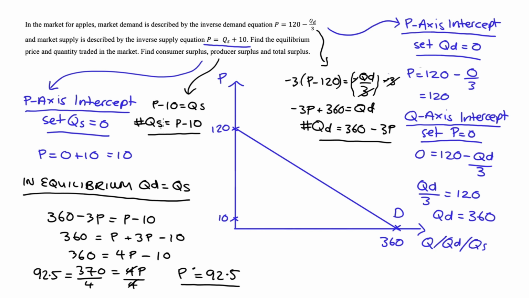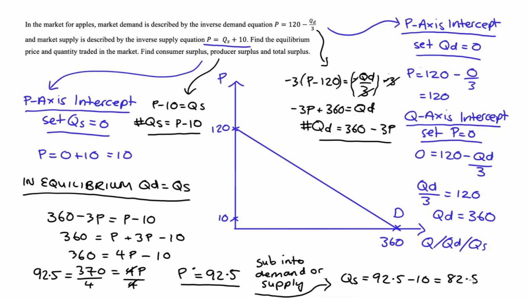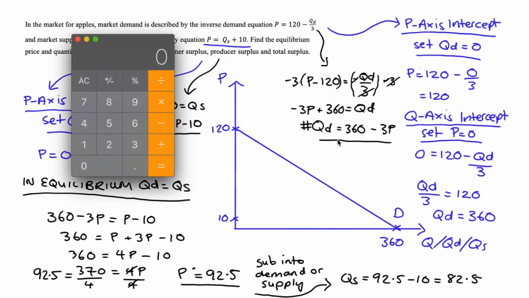So let's put it into our supply, and I get QS is equal to price, 92.5 minus 10, is equal to 82.5. Okay. If we substituted 92.5 into our demand equation, we should get the same amount. So we can just check that quickly. Demand tells us that we need 360 minus 3 times P. P is 92.5.